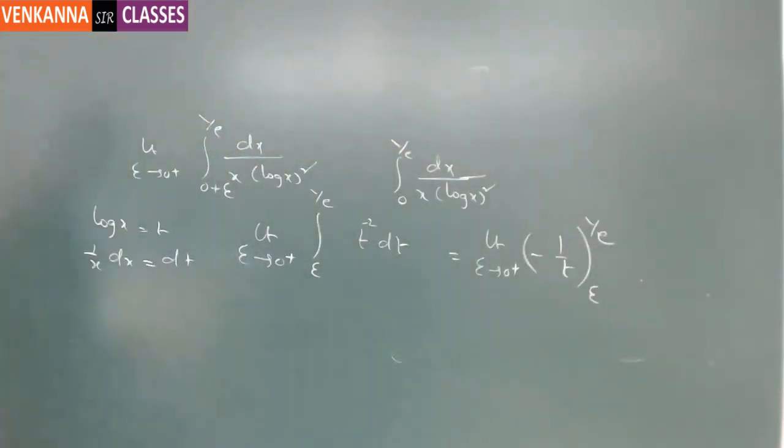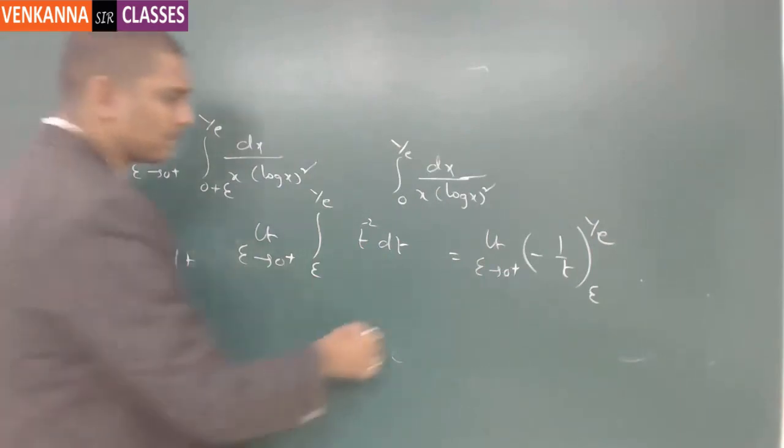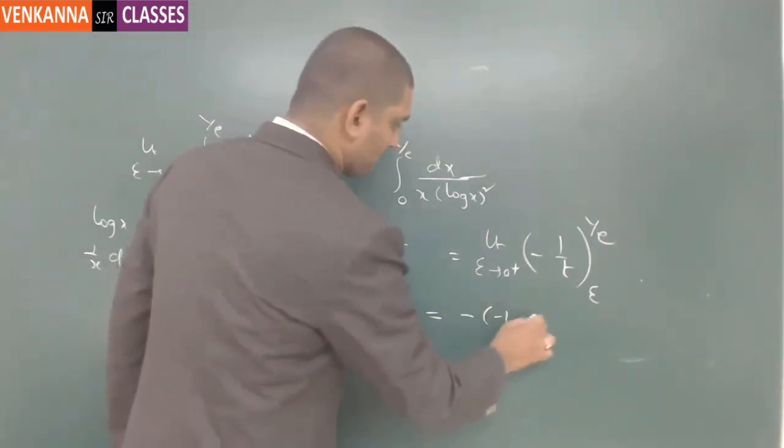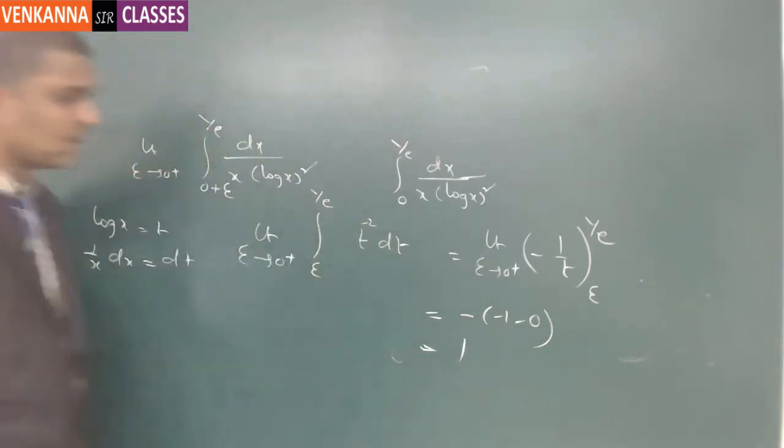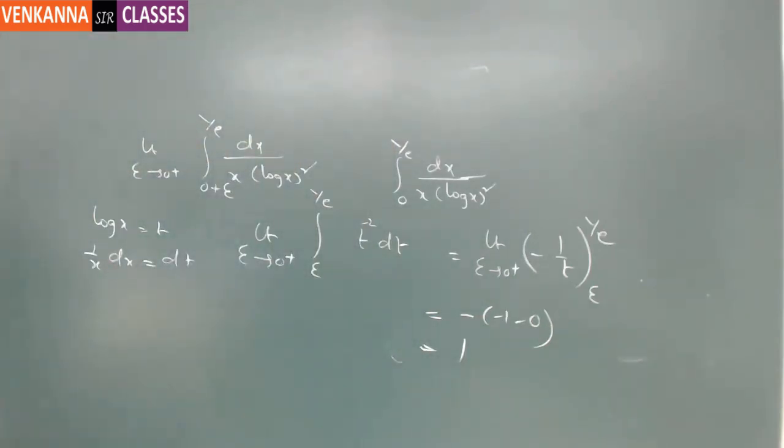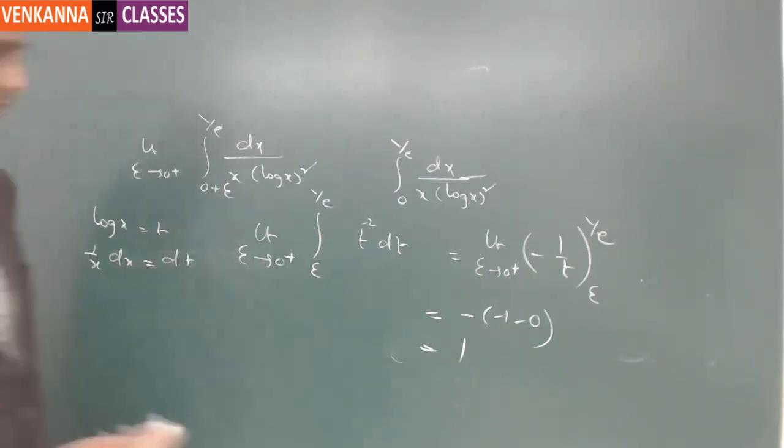This is the value. So can you apply the limits there? I will say you are going to get the limits as minus of -1 minus 0, which is equal to 1, which is a finite value. Please check for that. And t is nothing but log x.